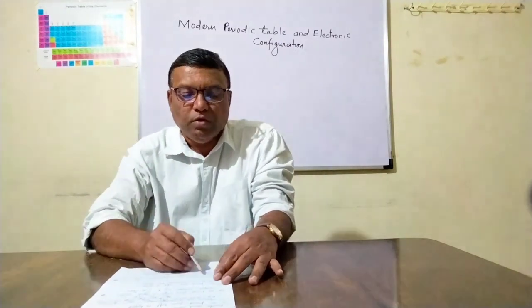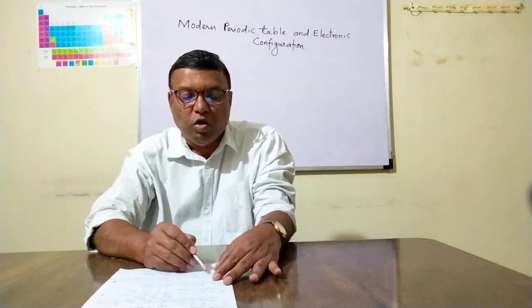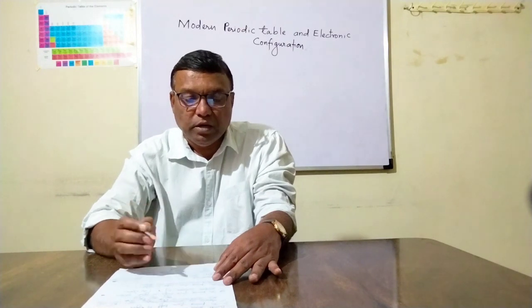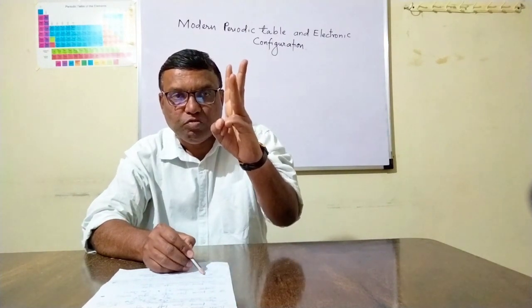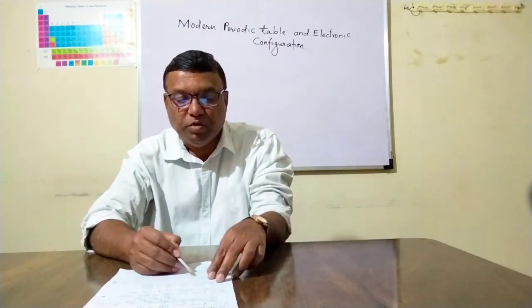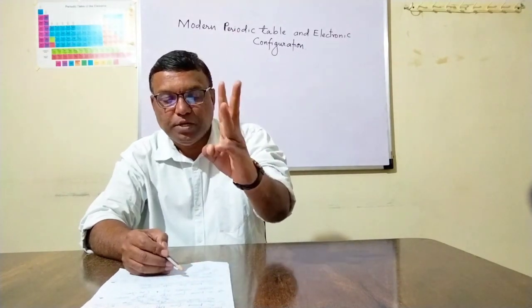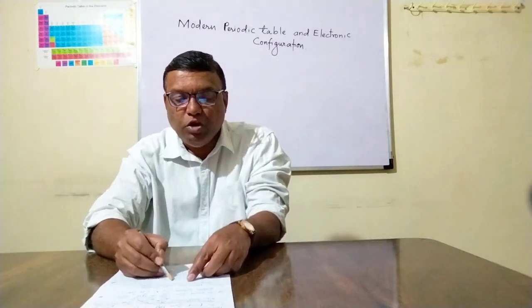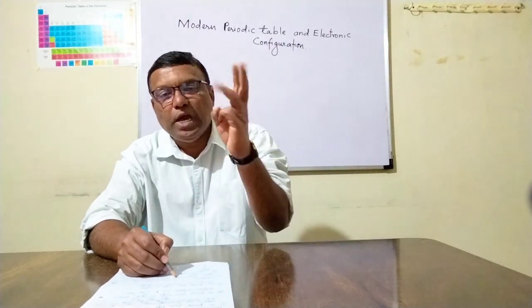Period number 3, first element sodium, electronic configuration 2, 8, 1. 3 orbits, 3 shells are present in sodium. Magnesium, electronic configuration 2, 8, 2. Again 3 shells are present in magnesium. Aluminium, electronic configuration 2, 8, 3.